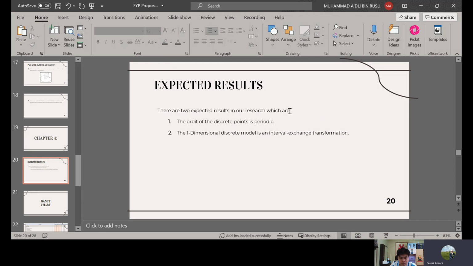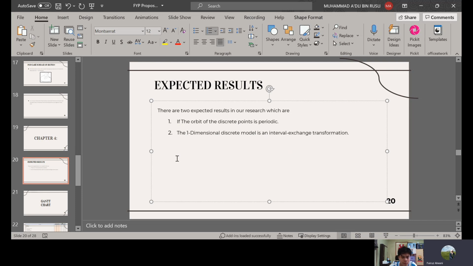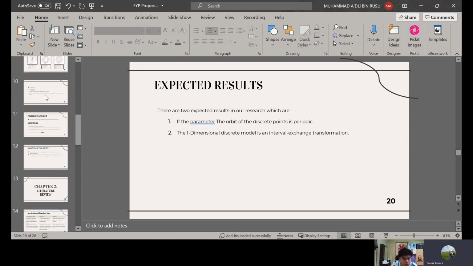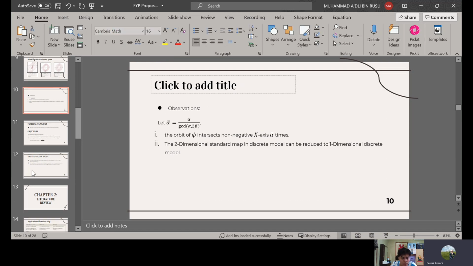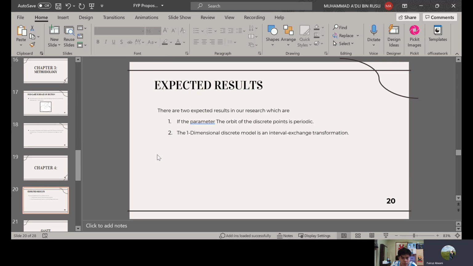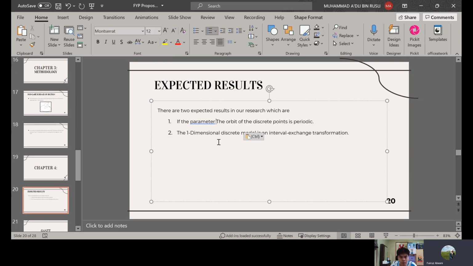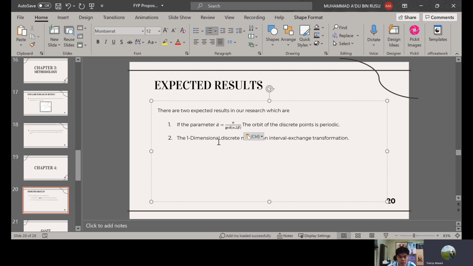Number 1, add this: if the parameter alpha bar equals blah blah blah, then the orbit of the discrete points is periodic.